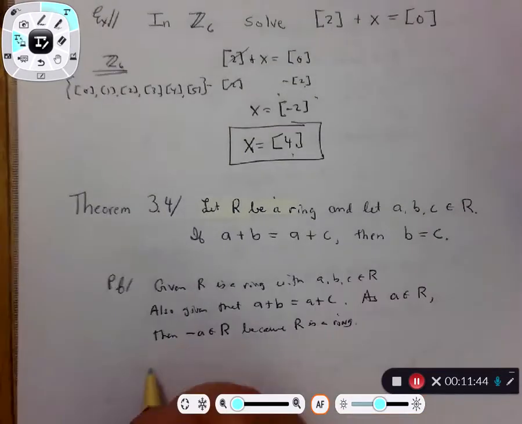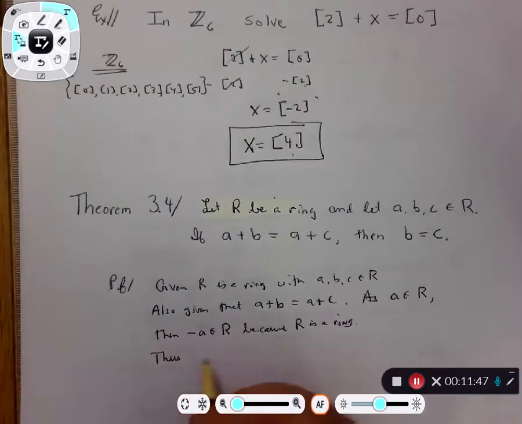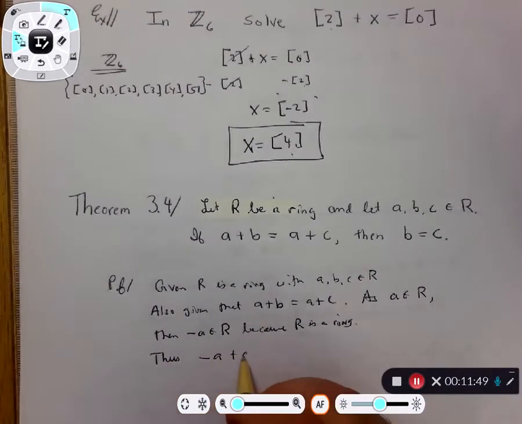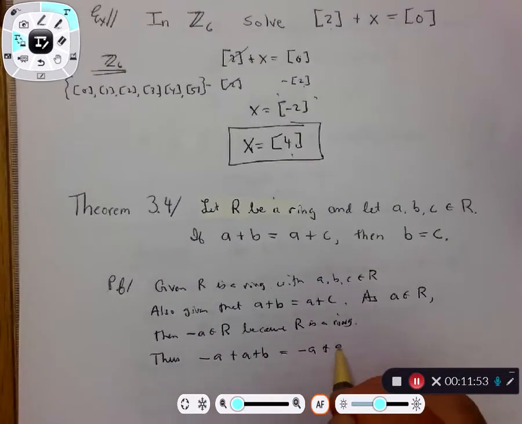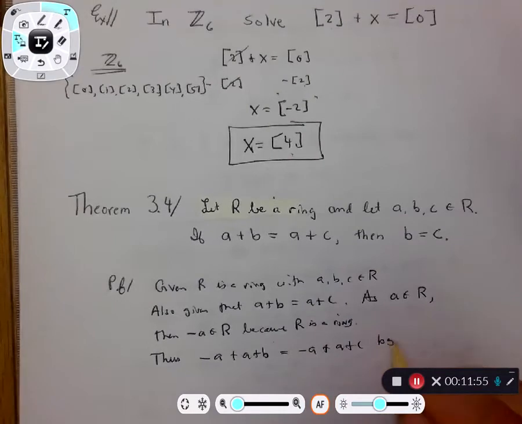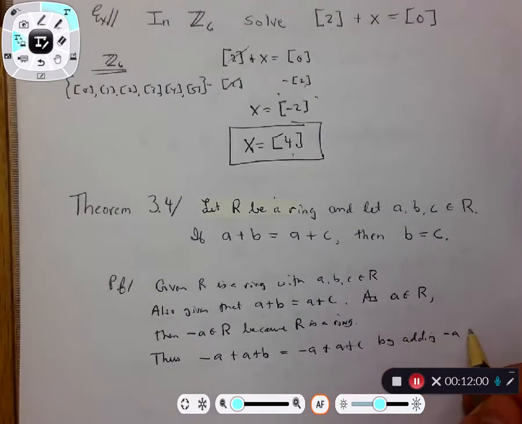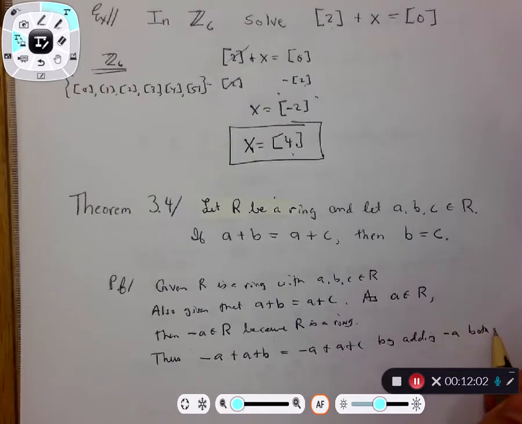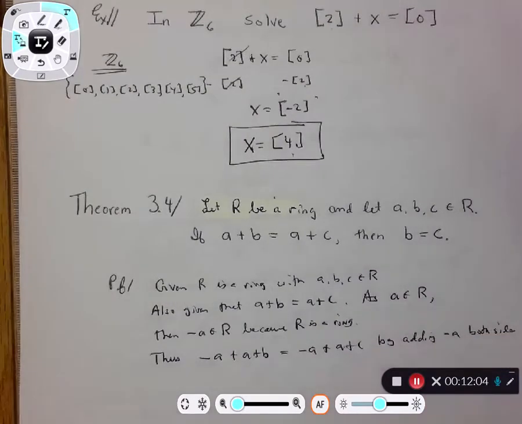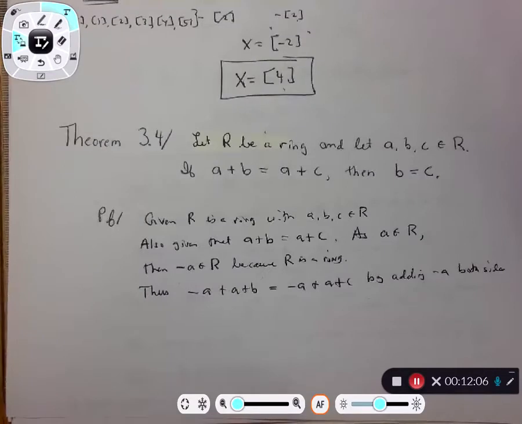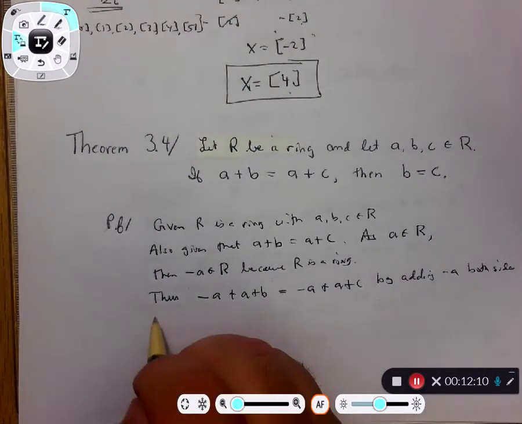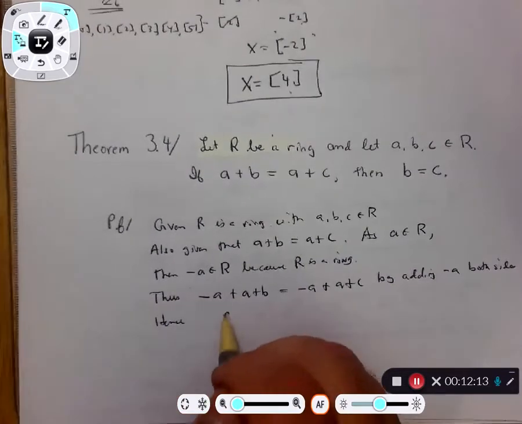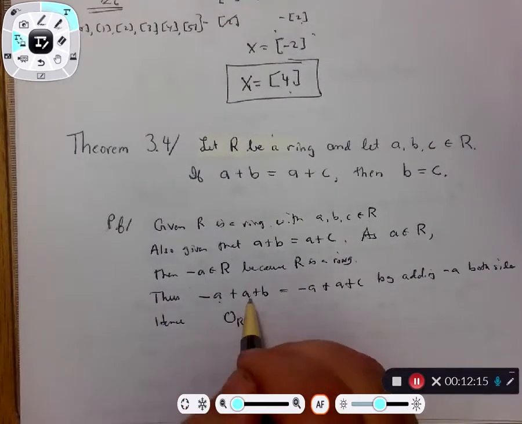Okay. Thus, negative A plus B is equal to negative A plus A plus C, by adding negative A to both sides. Now, what's A plus negative A? That would be 0. Hence, 0 in R. A plus negative A is 0.